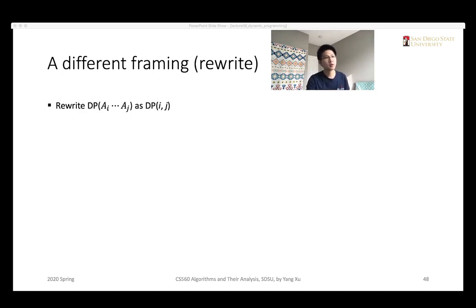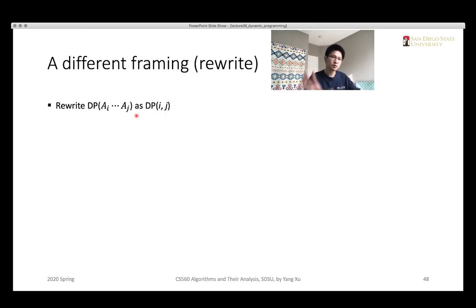So now, instead of calling the dp function on top of a chain of matrices from Ai to Aj, we know that this chain from Ai to Aj starts with the index i and ends with the index j. So that's why we can write it in an even simpler way by calling it dp with i and j to indicate where the chain starts and where it ends, right? So that's a totally equivalent way.